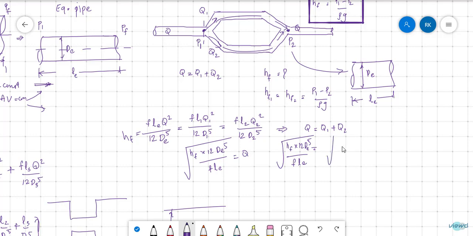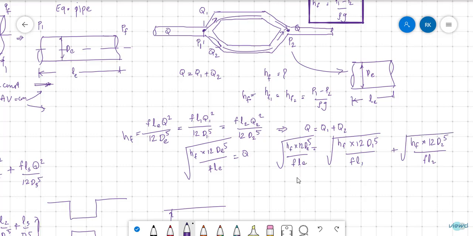So what is Q1? Under root of HF1, HF2 are equal, and that is equal to HF. So HF into 12 D1 power 5 divided by f into L1, plus under root of HF into 12 D2 power 5 divided by f into L2.